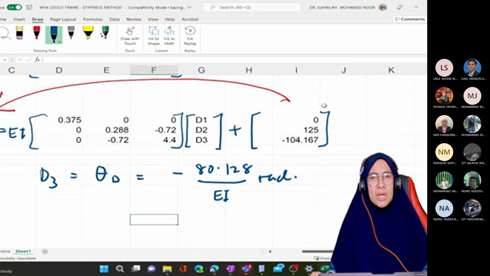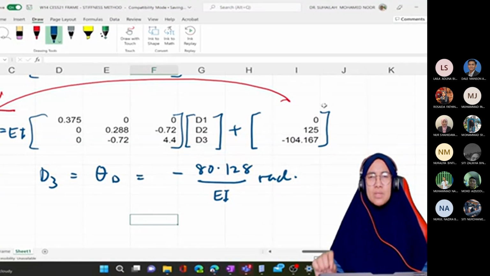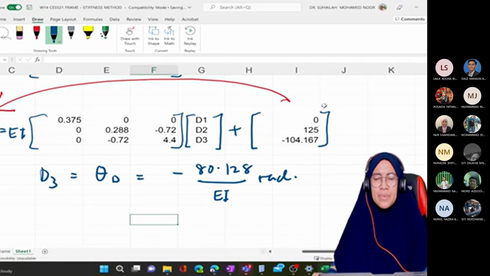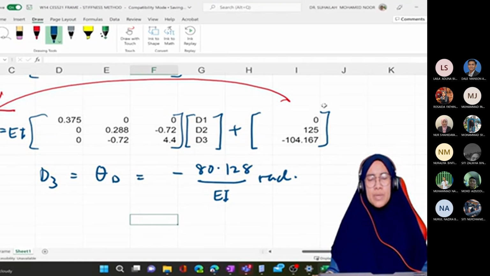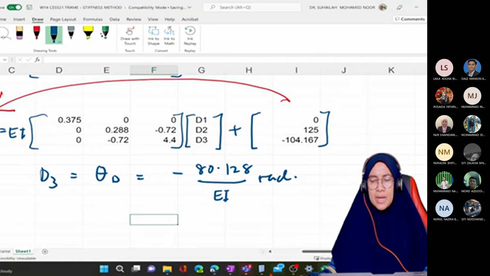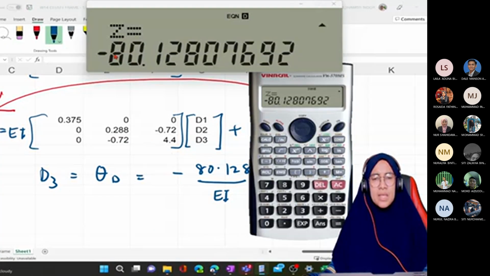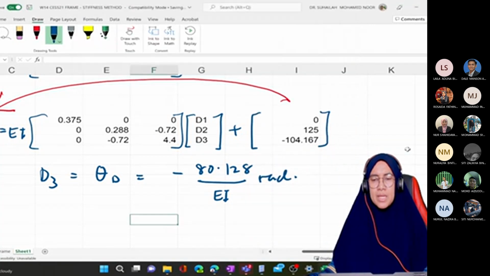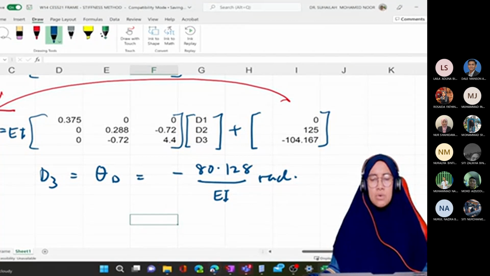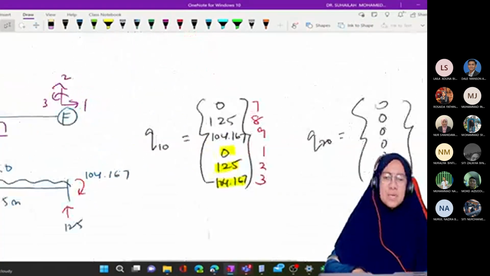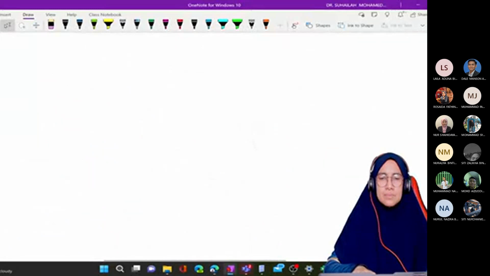What we want is only D3, because D3 is the rotation at position D. So we get negative 80.128 radian. Okay, so we have answered question B.